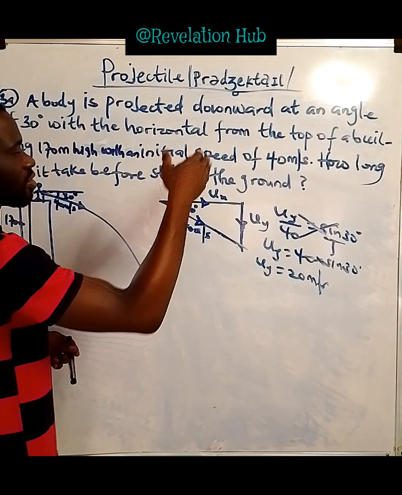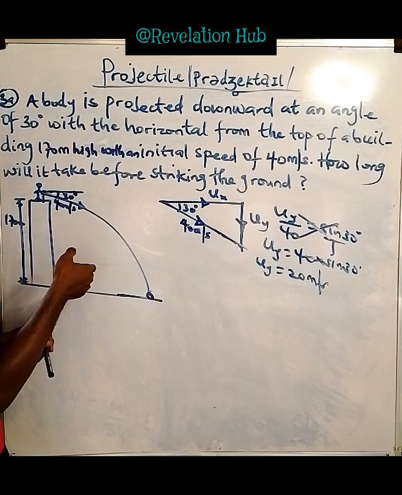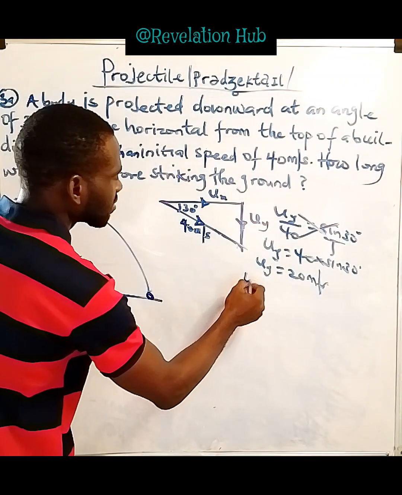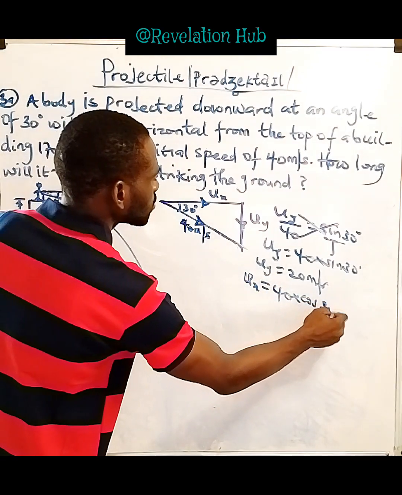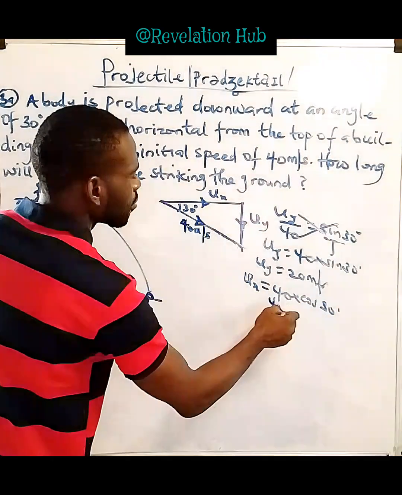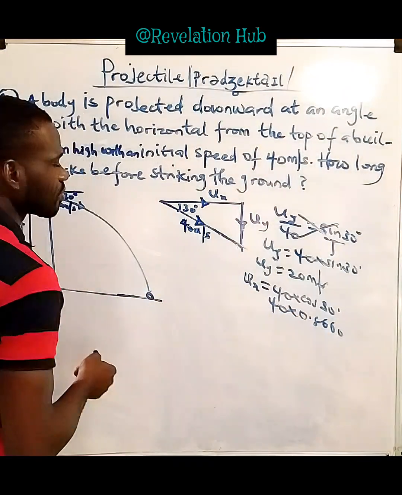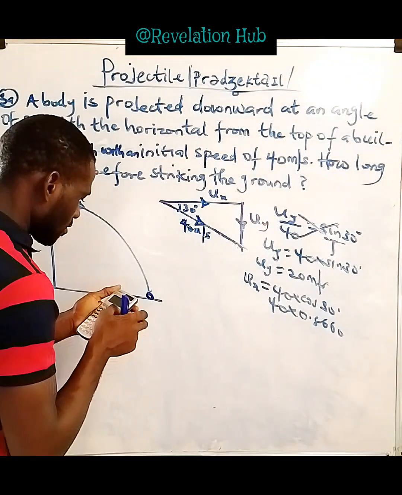So when the body was projected with 40 meters per second, the body came down like this with this initial speed. So quickly, let's get that of x. That of x is 40 times cos 30. We all know that's 40 times 0.8660. Let's use our calculator to get that sorted. So what do we have?